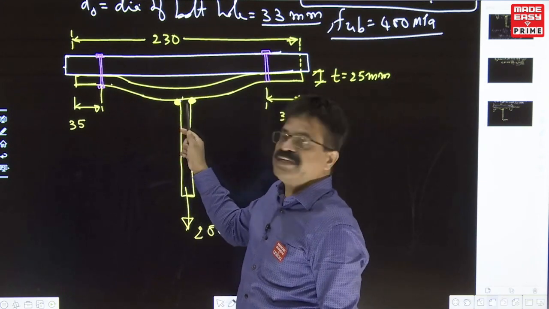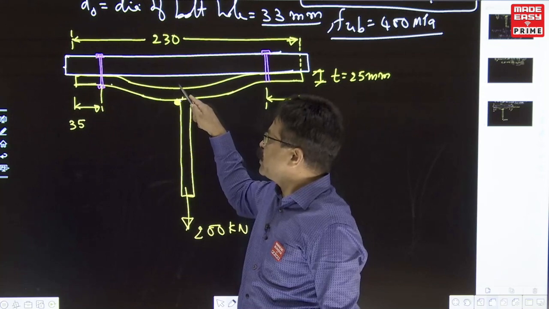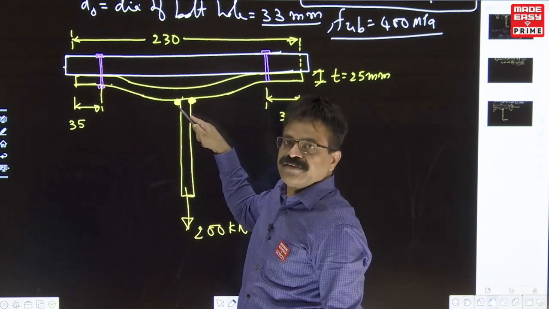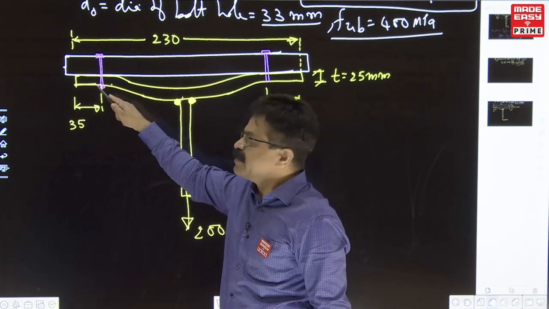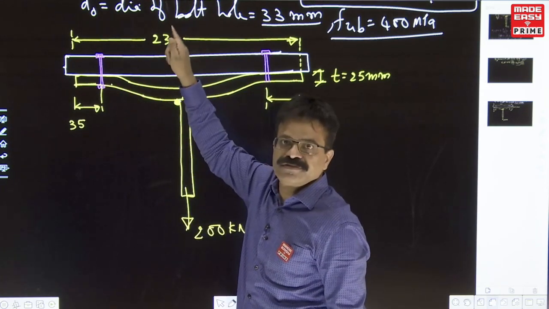Moment here is the same, moment here is the same. If you check the plastic moment capacity, or moment carrying capacity, of the plate here, then that means here also the plate is safe. Next, what is not safe here is the bolt.